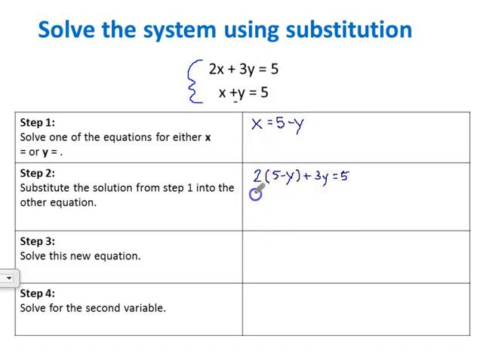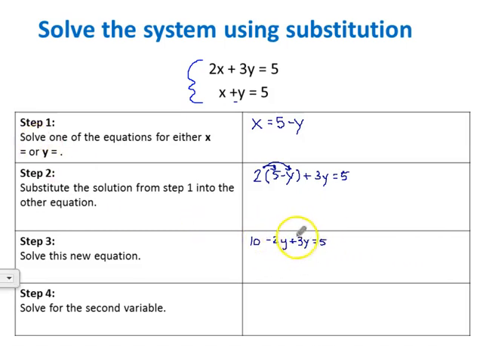So I'm going to have 2 times 5, which is 10, and 2 times negative y, so negative 2y, plus 3y equals 5. I've moved on to step 3, where I'm solving this equation now. I should move this down, because I'm working on solving for y.